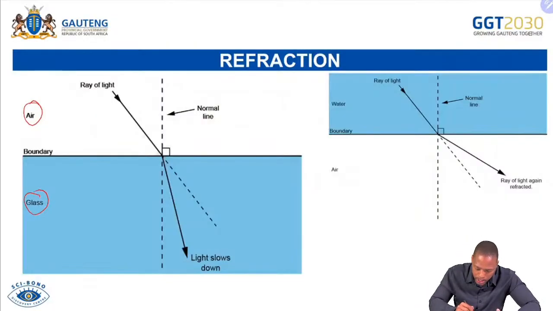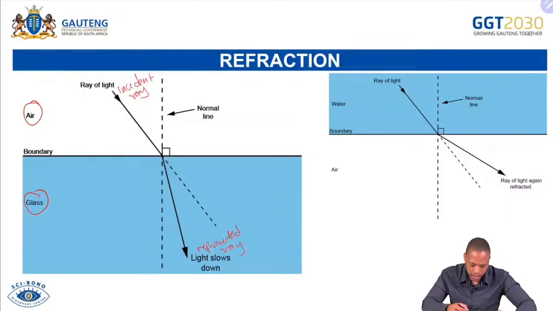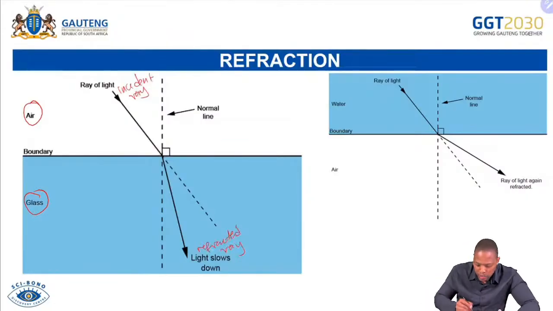Light ray coming in here, this will be your incident ray coming in here, and this will be your refracted ray here, bending. As you can see, this is what I was trying to show you. It is not maintaining its original path. Instead, it bends towards the normal. If you compare these two angles, this one is relatively bigger than this one.